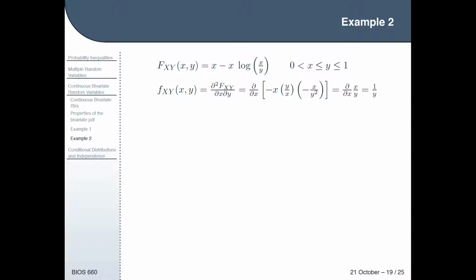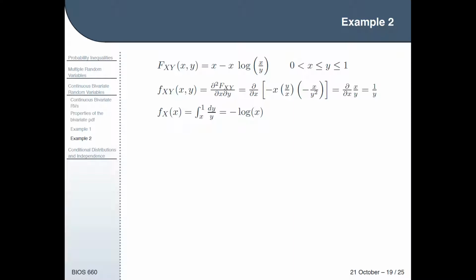So minus x is a constant, so minus x times the derivative of log, which of course is 1 over the inside, so you flip x over y to y over x, times the derivative of the inside part with respect to y, which is x over y. So that derivative is minus x over y squared. You simplify all that out, you get x over y, then take that partial with respect to x, and you get 1 over y.